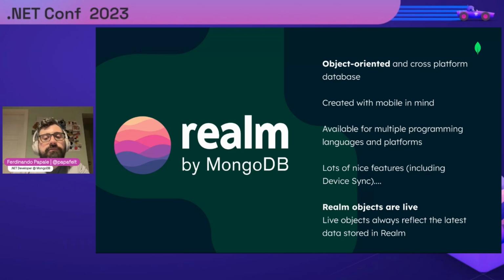There are two features of Realm that are really important for this talk. One of them, which I've already mentioned, is that Realm is object-oriented. When you're working with Realm, you're working with native objects, so there is no ORM or any other translation layer involved. You're working directly with native C# objects in this case.